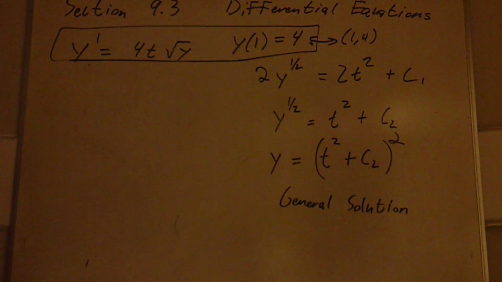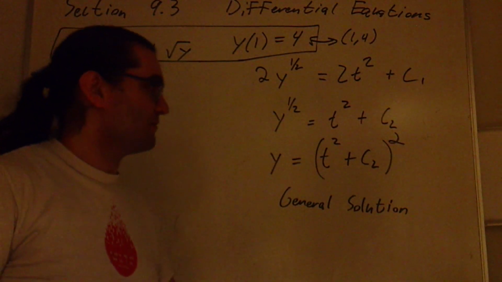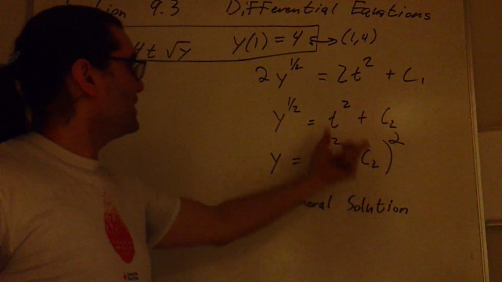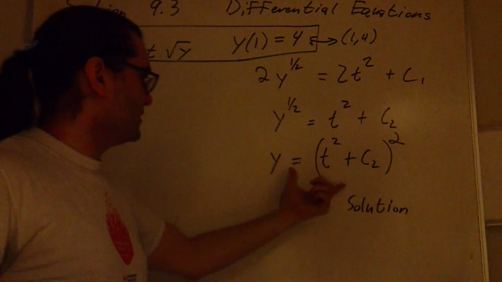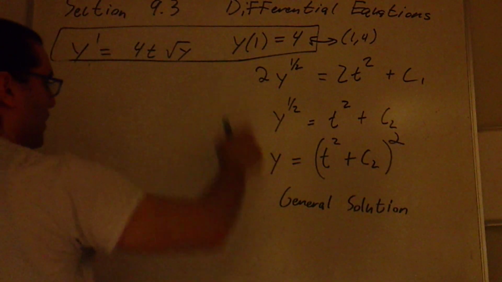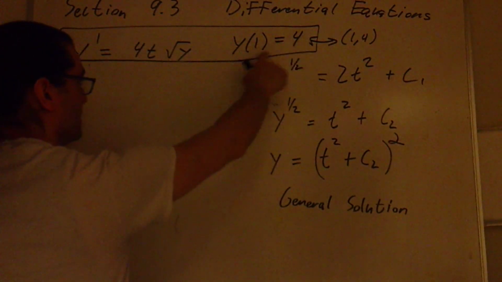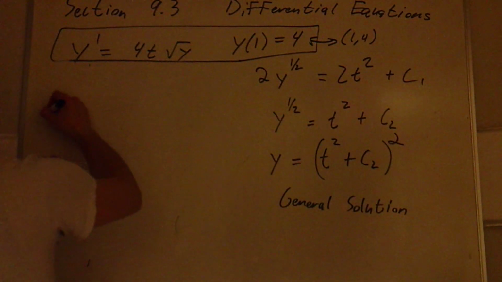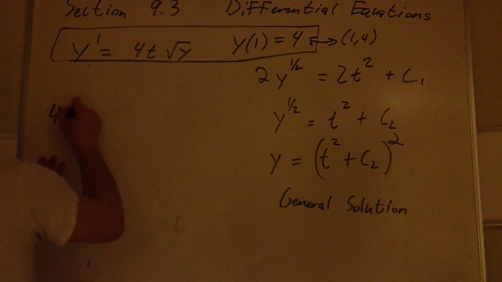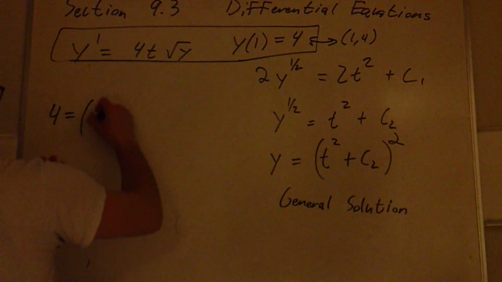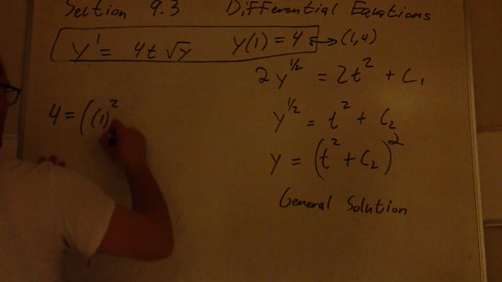Actually, finding c2 is pretty straightforward once you have a general solution. You basically just take these numbers and you plug them into your general solution. So this initial condition tells me that y is going to be 4 when t is 1.